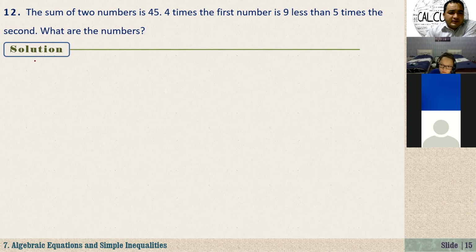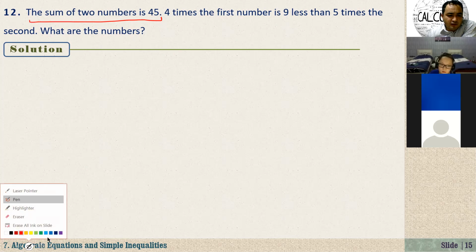So the next question is, the sum of two numbers is 45. Four times the first number is 9 less than 5 times the second. What are the numbers? Selin, this question is for you. The sum of two numbers is 45.